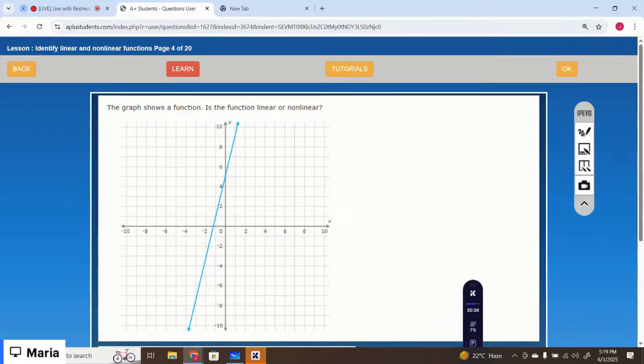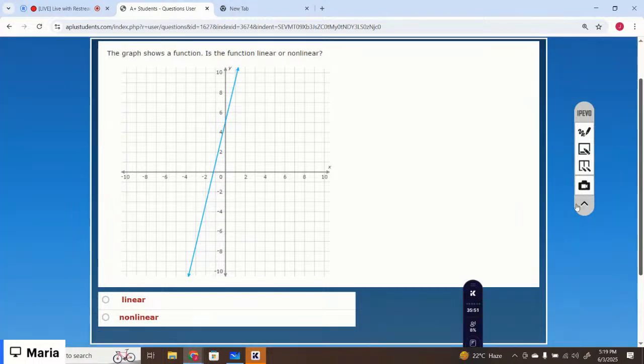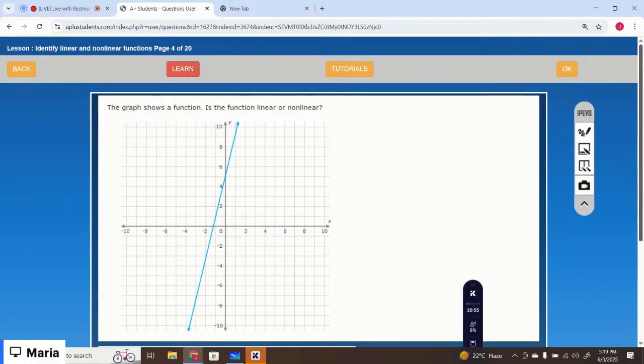The graph shows the function. Is the function linear or nonlinear? It is a linear function, option number one is the correct option.